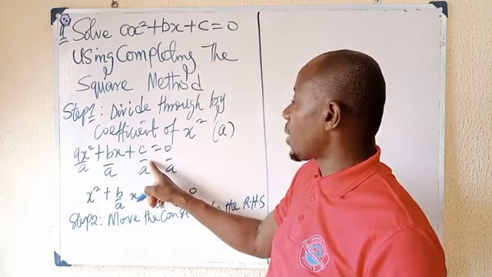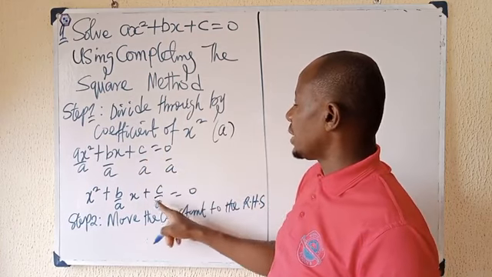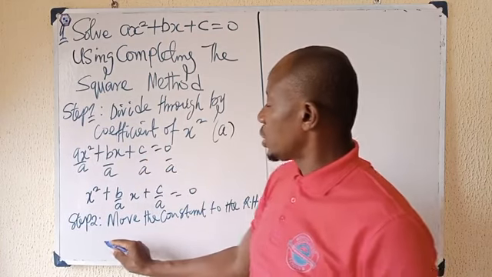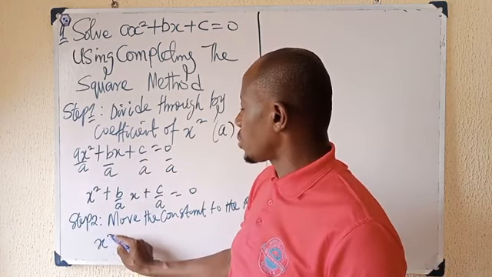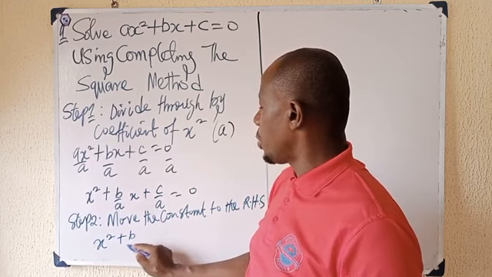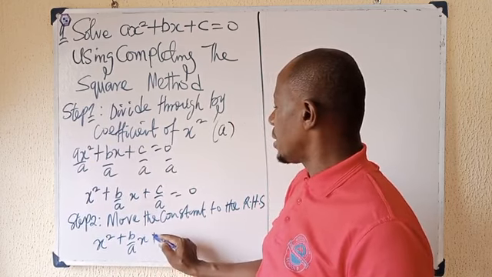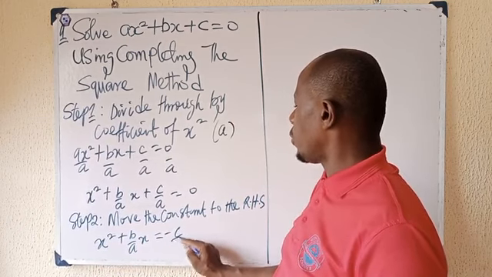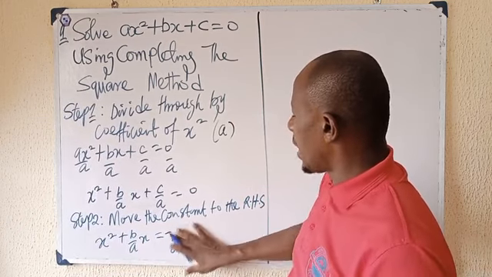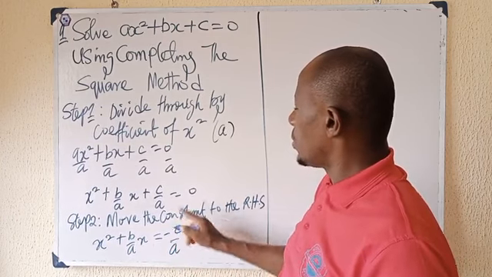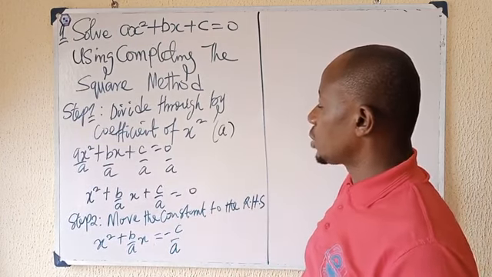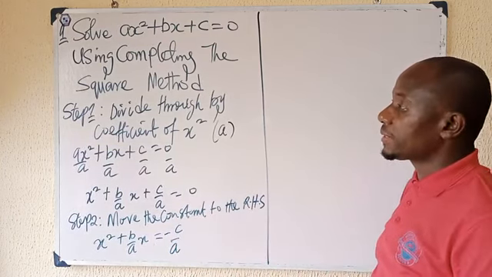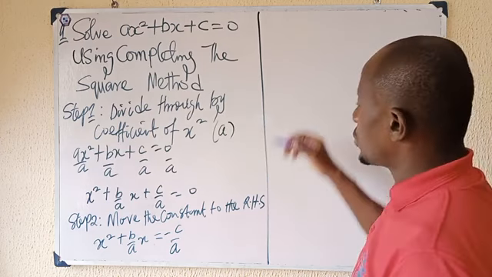So automatically this is our constant. So we are going to move this one to this side. So the expression will now change to x squared plus b over a x equal to minus c over what? a. Why is it minus? Crossing the sign of equality becomes what? Minus, right? Now we move to step 3.